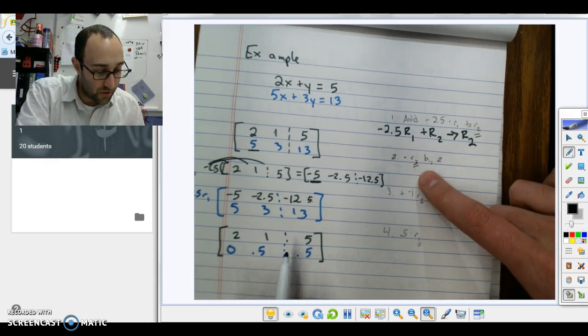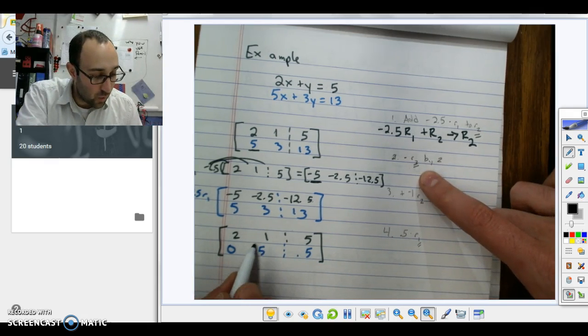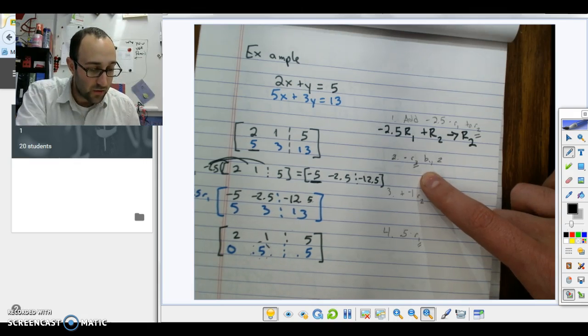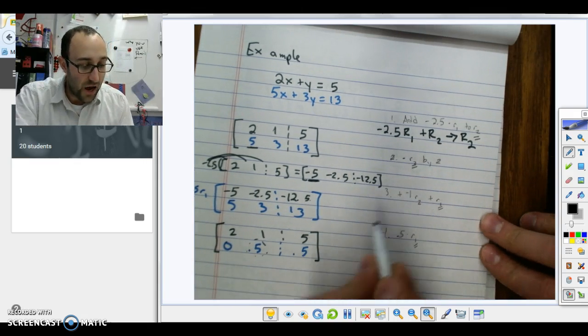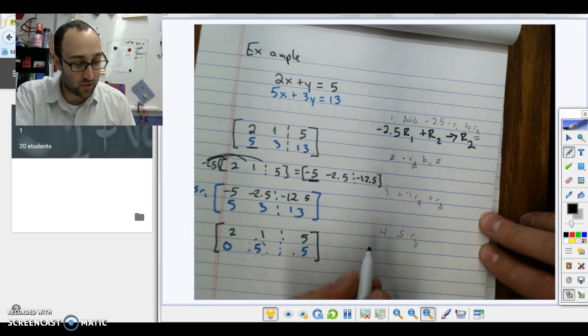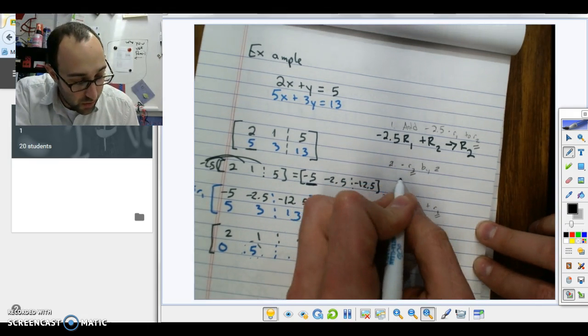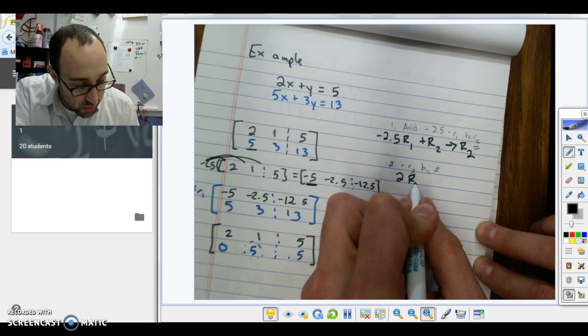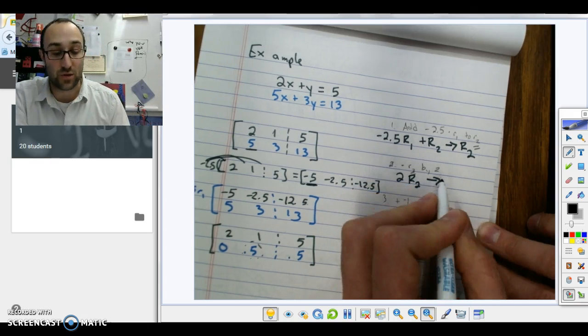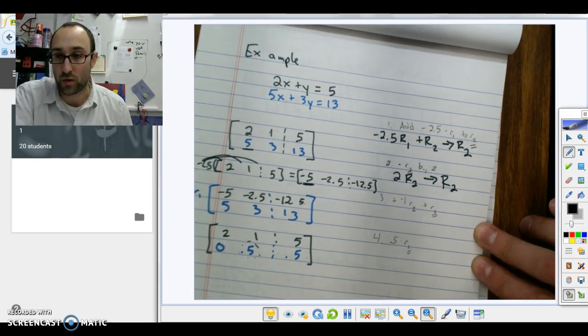Now I want to get this number to be a 1. If I take R2 times 2, 0.5 times 2 is 1. So I'm going to do 2 R2, and that goes into the R2 spot.